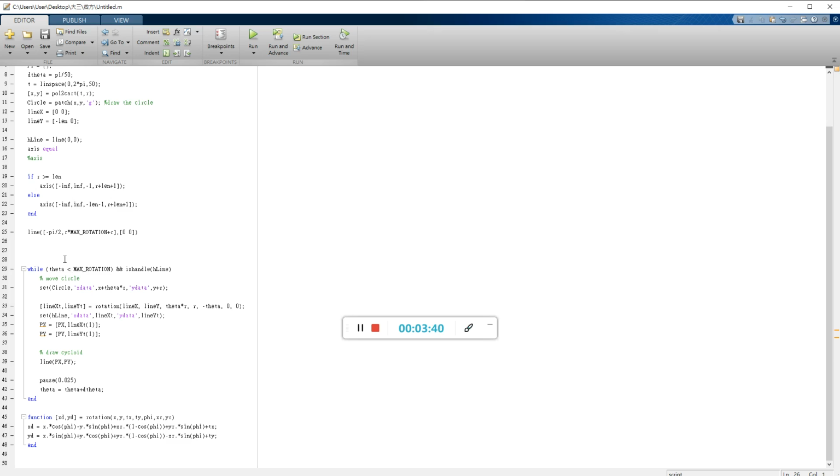And since I want to make it an animation, I set a while loop for theta smaller than max rotation, and I draw it every time, so it looks like an animation, but actually I draw it every time.